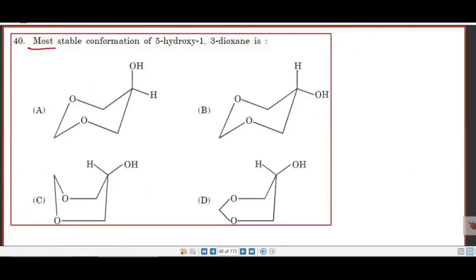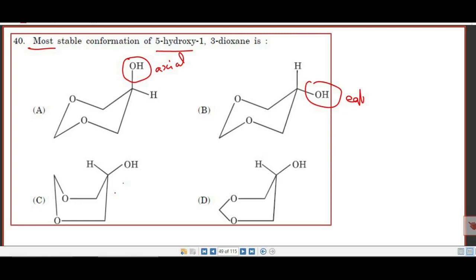Question number 40. Most stable conformation of 5-hydroxy-1,3-dioxane is, which is the most stable conformer? The OH is in axial position. Here, the OH is in equatorial position.